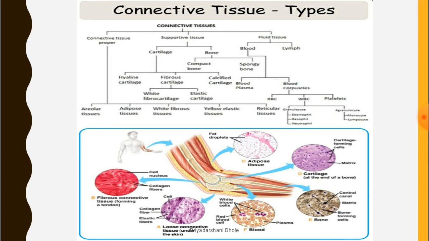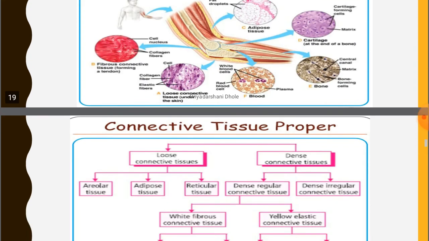Blood corpuscles are made up of three types of cells: red blood cells (RBC), white blood cells (WBC), and platelets. WBC is again of two types: granulocytes and agranulocytes. Granulocytes are of three types: eosinophil, basophil, and neutrophil, while agranulocytes are monocytes and lymphocytes.